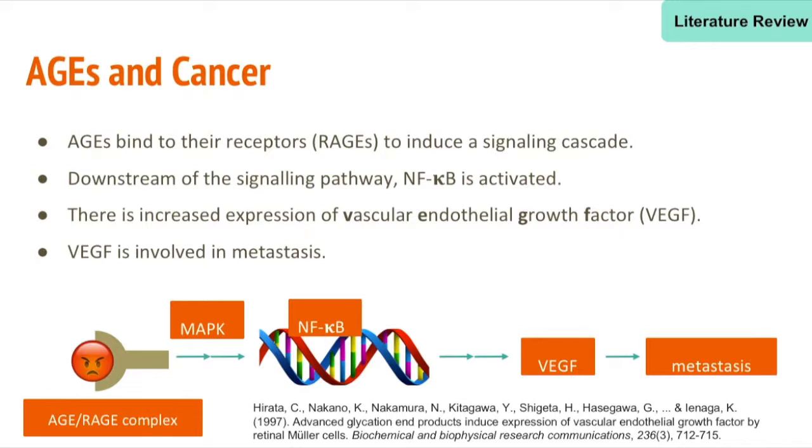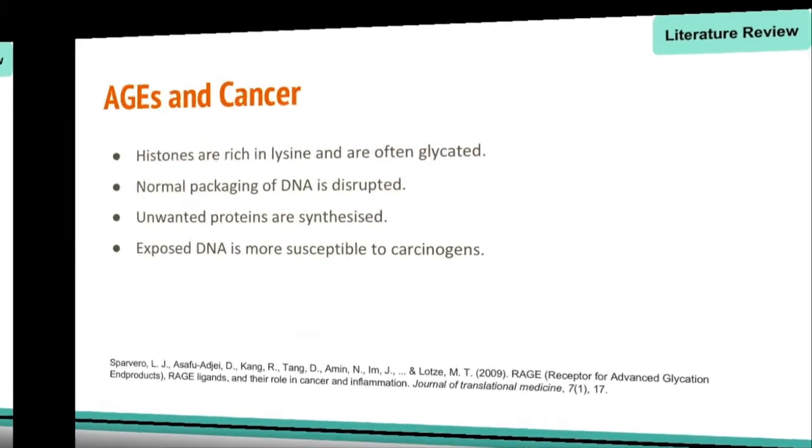NF-kappa B enhances the transcription of the gene coding for vascular endothelial growth factor, or VEGF. Thus, there is increased number of VEGF proteins. VEGF has been shown to drive metastasis as this protein is important for the formation of blood vessels.